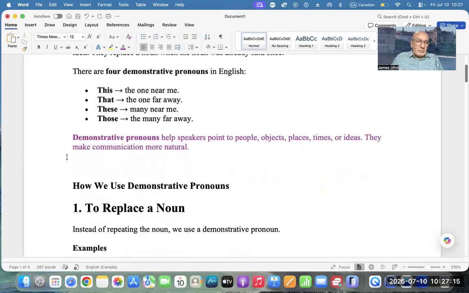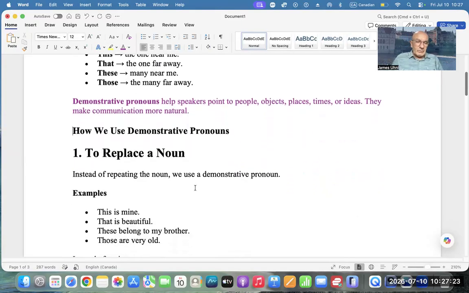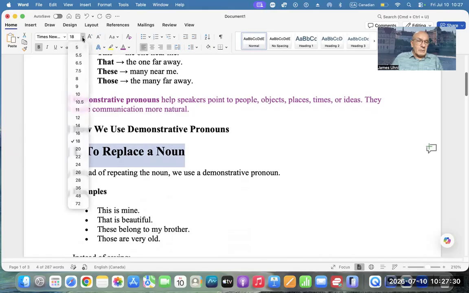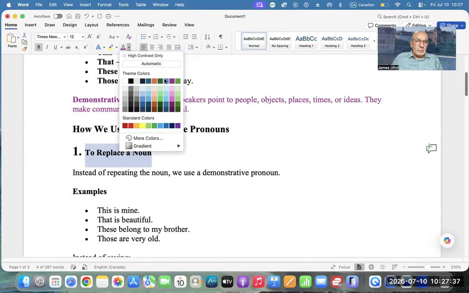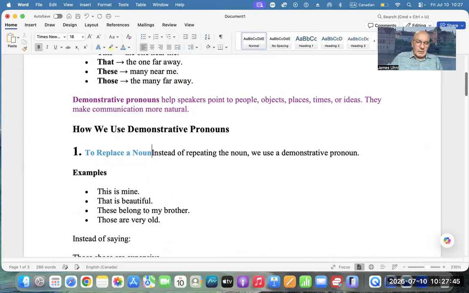So, how do we use demonstrative pronouns? Well, first of all, to replace a noun. Let's make it proper, and I will use blue color just like I used at the top.